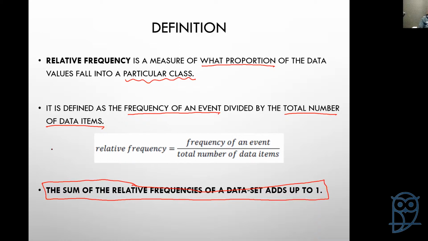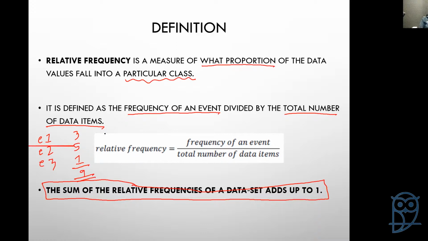So if you have, for example, 3 events, so you've got, for example, event 1 has a frequency of 3, event 2 has a frequency of 5, and event 3 has a frequency of 1. Together, we can see that there are 9 results. There are 9 outcomes.